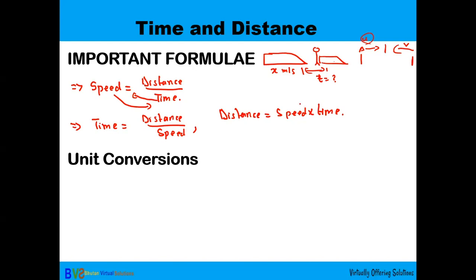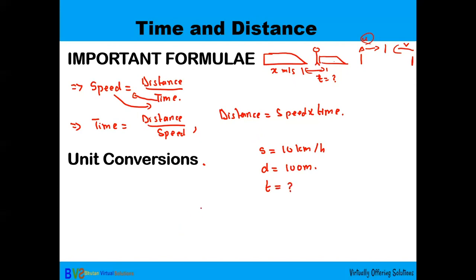These are basic formulas. If you know them, you can solve most of the questions. For example, the train is traveling at a speed of 10 kilometers per hour and covers a distance of 100 meters. What is the time taken?